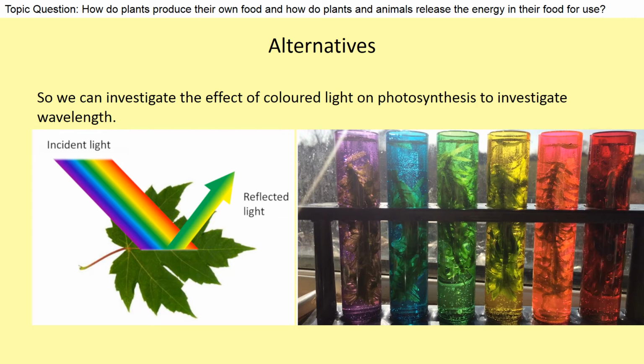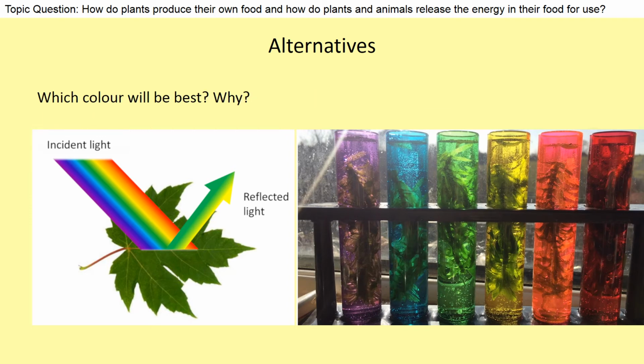And we can then record how much photosynthesis that plant does in the same way, counting the number of bubbles. Which colour of all of those test tubes there do you think that photosynthesis will take place fastest in? Which colour will be the best for photosynthesis to take place? Just give you a couple of seconds to think about that and to make a decision.